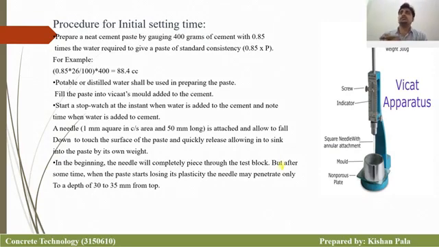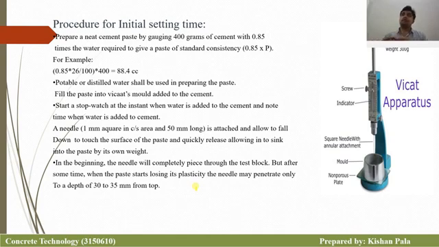So in the beginning the needle will completely pass through the test block, but after some time when you release your needle, the paste will be losing its plasticity and the needle may penetrate only a certain depth from the bottom of the mold. For example, when you start your procedure and release your needle, the needle will reach the bottom of the mold, and after some time when you release the needle it will reach some depth above the bottom of the mold.